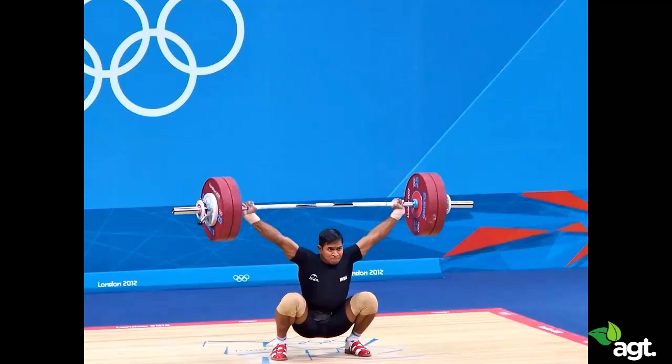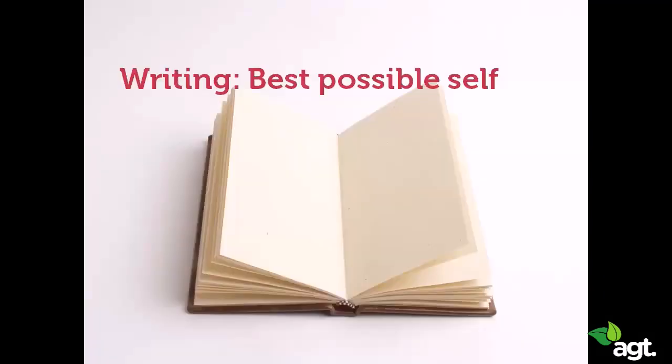And in order for you to do this, I want to introduce you to a practice called Best Possible Self. It's a writing exercise, and for this exercise, you need about 20 minutes a day for 4 days. But this is again flexible, and you can do it as you please. Think about your life in the future. Imagine that everything has gone as well as it possibly could.